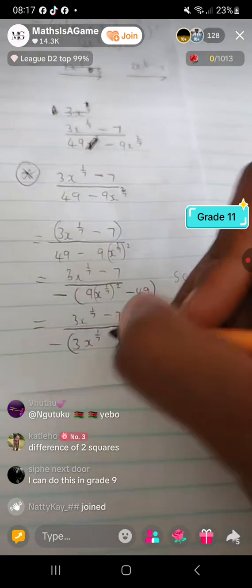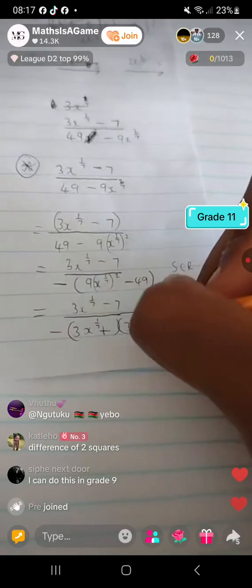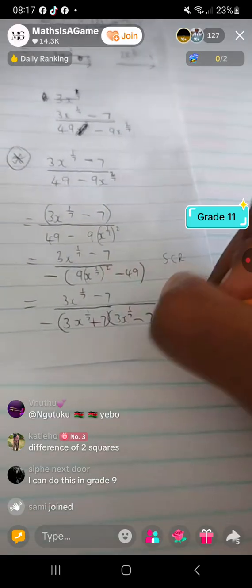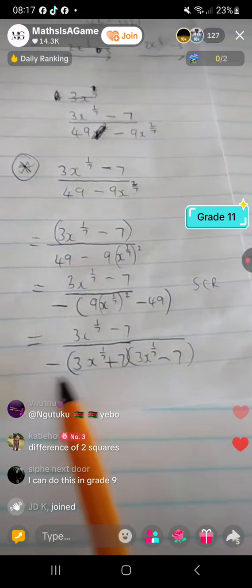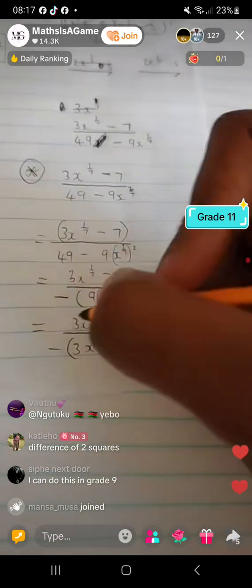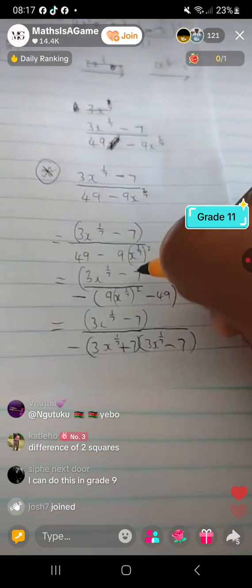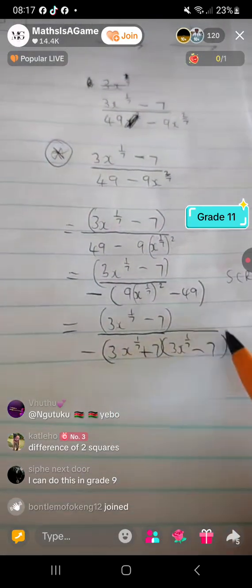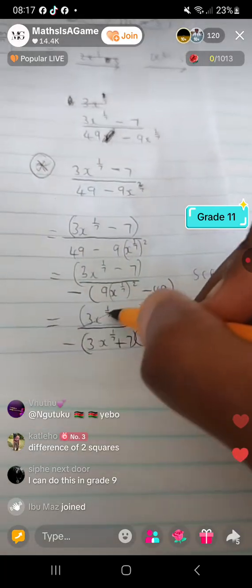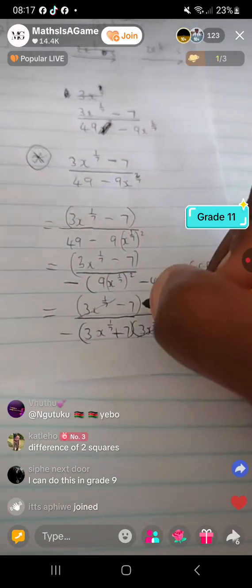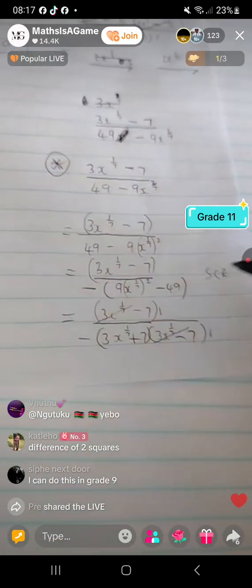Then 49, remember, write plus and minus 7 and 7. Then you can see there's a common what? Common bracket. We can cancel.